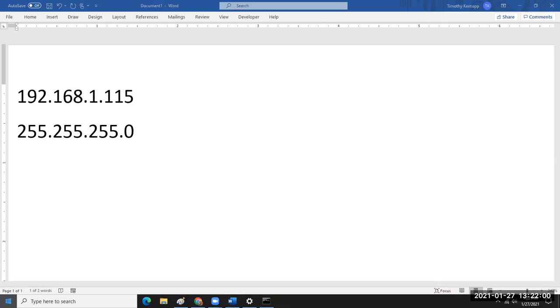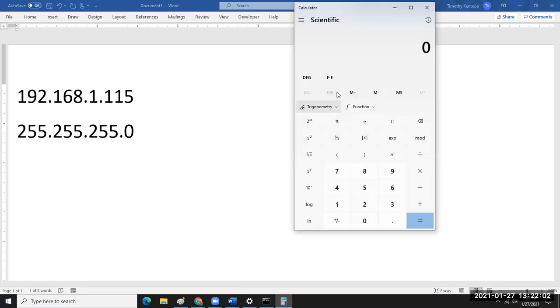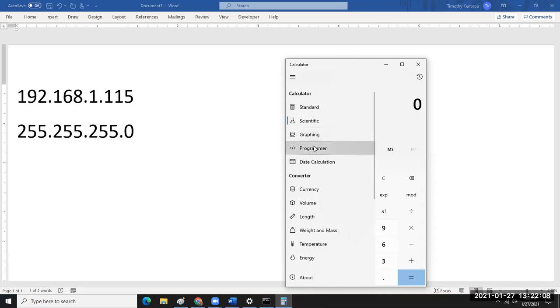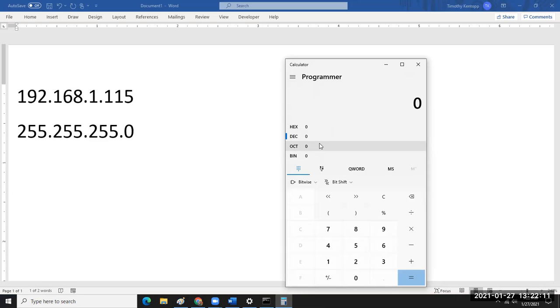If I go to Programmer and type in, for decimal, 192, what I really have is a binary network address number that begins with 11000000. 168 is the next piece of this 32-bit address.